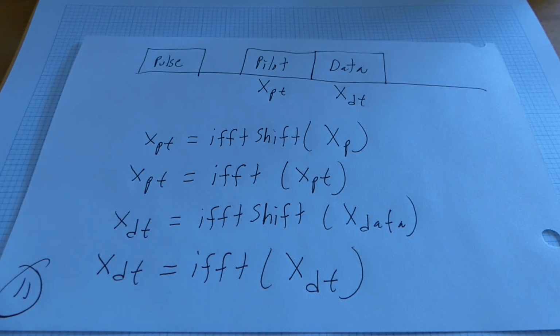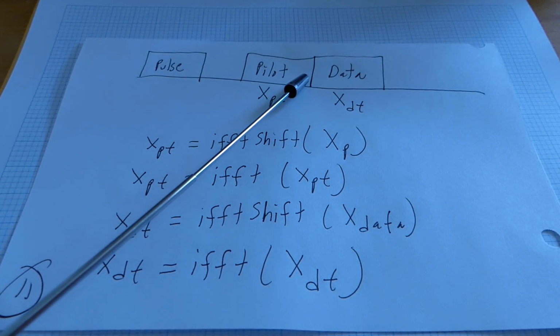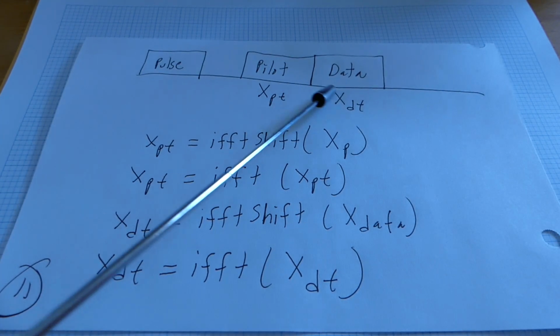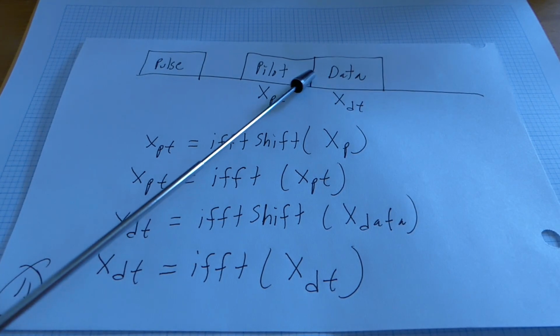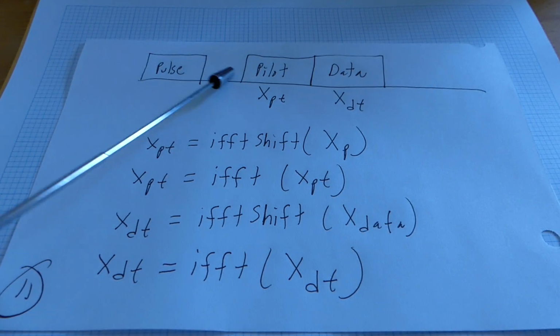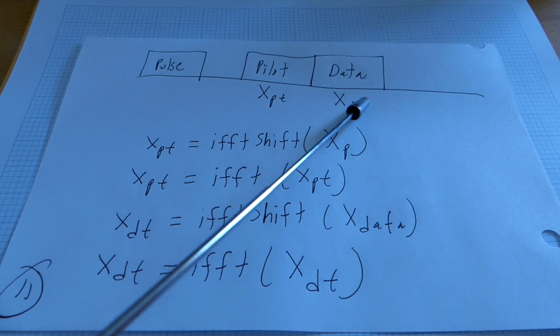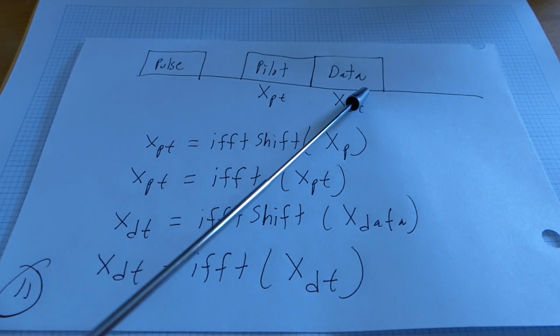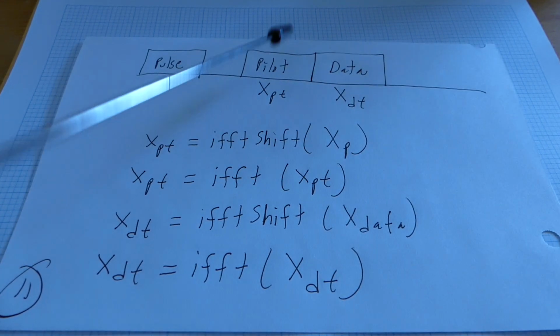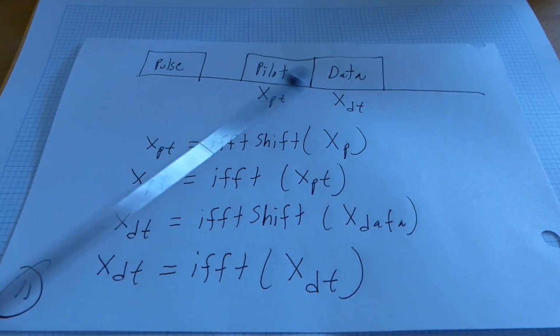Now, one thing I should say is some people may take a little bit of that data and put it there, and a little bit of that data and put it there. They call it a fancy term like cyclic prefix, but that's just to kind of help multipath a bit. I didn't show that, but that's probably a good idea to do. Or you can just be lazy and repeat the pilot twice, repeat the data twice, or half of it, whatever you want to do.